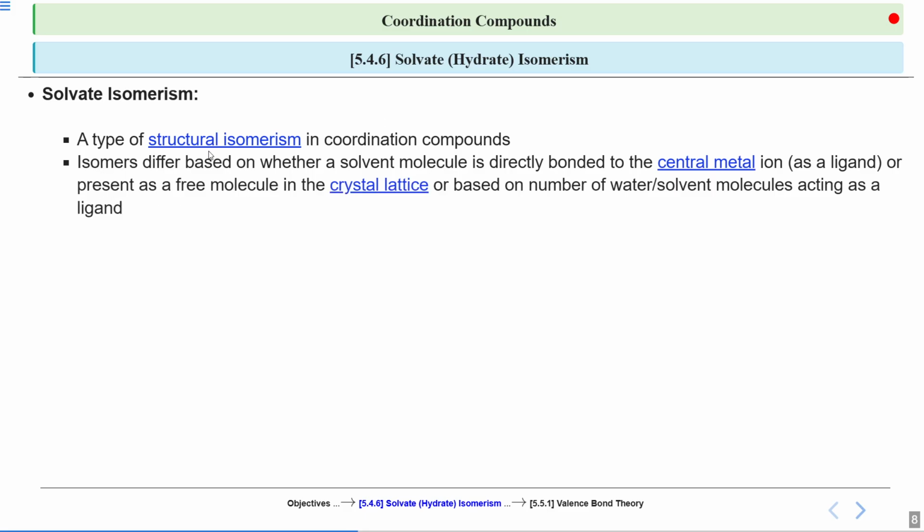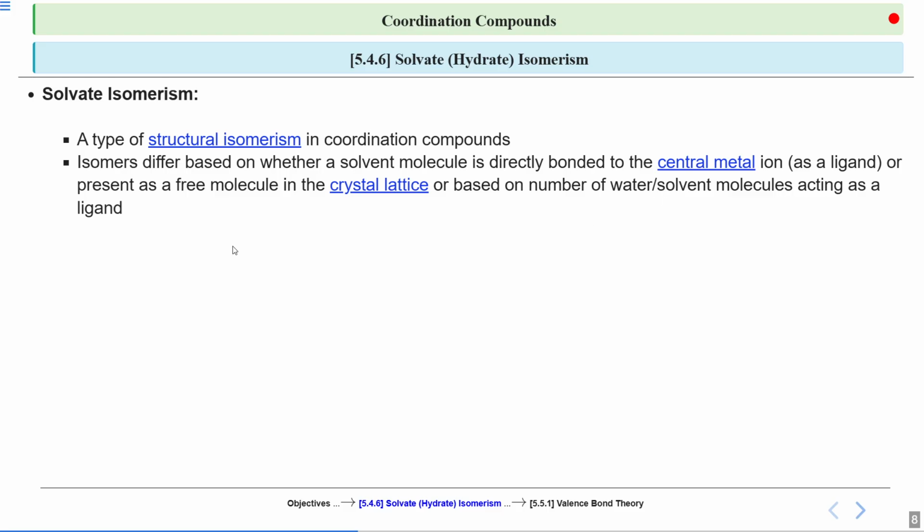Now the isomers differ based on whether a solvent molecule is directly bonded to the central metal ion as a ligand, or present as a free molecule in the crystal lattice, or based on the number of water or solvent molecules acting as a ligand.